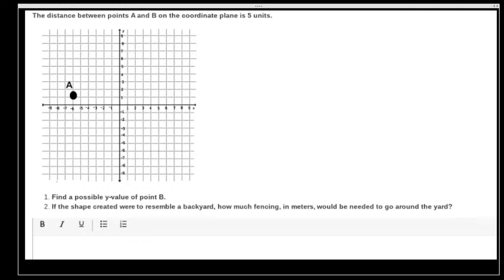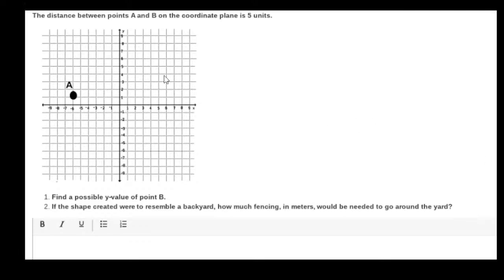Okay, now B is 5 units away, so I will take this A as center, and I will take a radius of 5, 1 2 3 4 5. So 1 point here, 1 point here, similarly 1 point here, and similarly 1 point somewhere here.